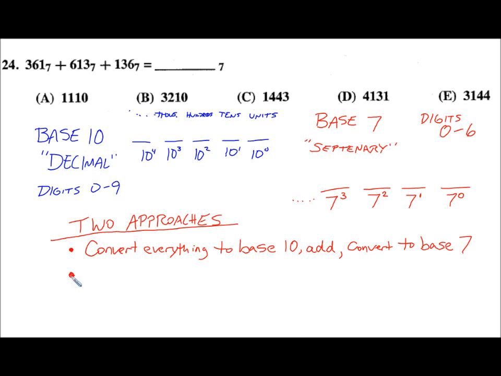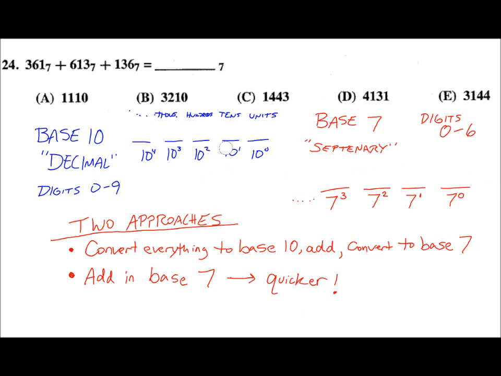The other option we have is add in base 7. So we'll have to think in terms of base 7 momentarily, and we can actually carry digits and do all the regular arithmetic, just utilizing base 7 instead of base 10. This will be a quicker method, much quicker.